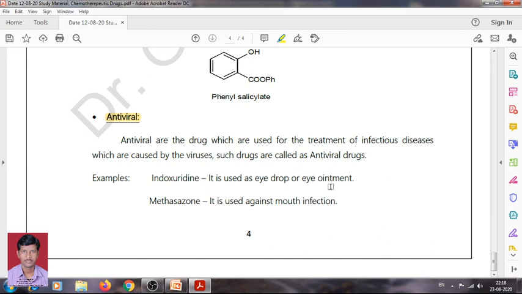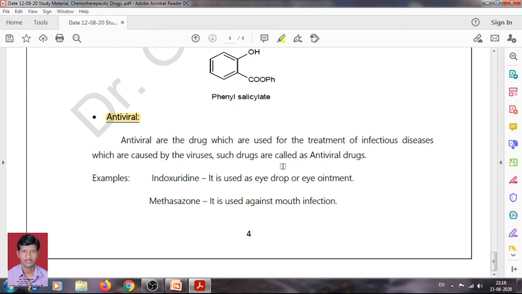And now presently we are facing a serious problem in the world as well as in our country, a disease which is caused by viruses. The name of the disease is which one? That is coronavirus. Because of COVID-19, many people are suffering from viral diseases due to the coronavirus.